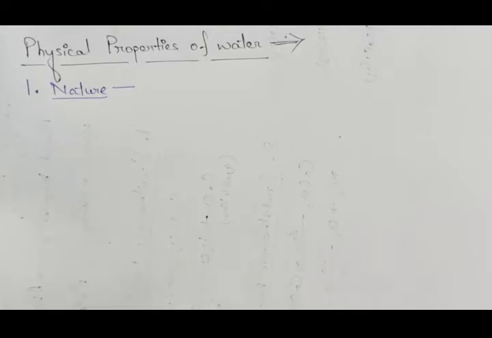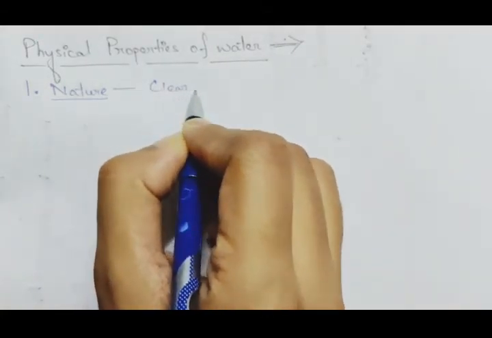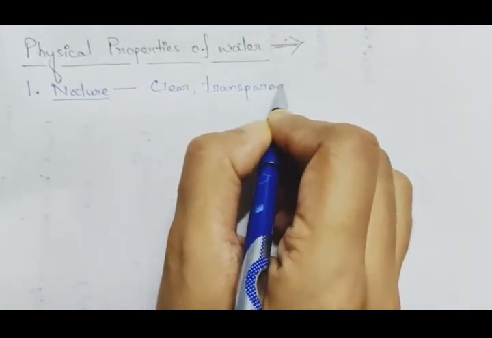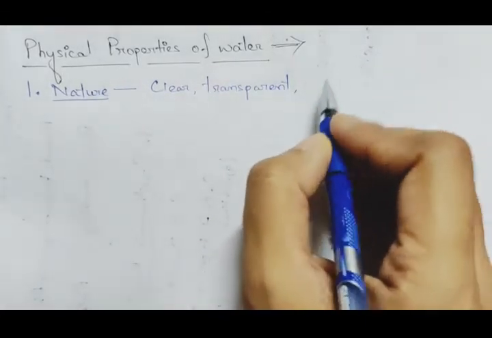Okay, so about pure water, if the water is pure, that means only H2O is there and no other chemicals are there. In that condition, water is clear, transparent, and what? It is tasteless, colorless, and odorless.